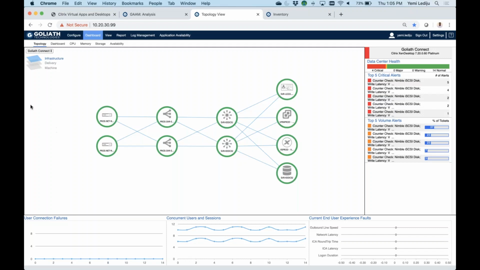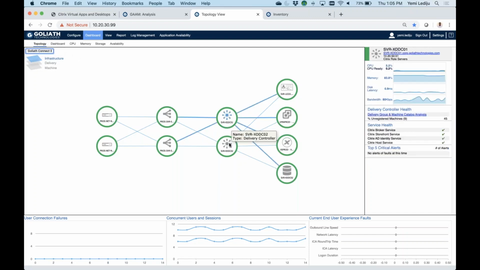So this law firm was able to flip back and forth between their old environment and their new environment. They were able to see the health of their environments and pinpoint exactly what components needed, let's say, more resources, or what components had issues, critical issues taking place, so that they can resolve them and ultimately deliver a better experience through the upgrade process.